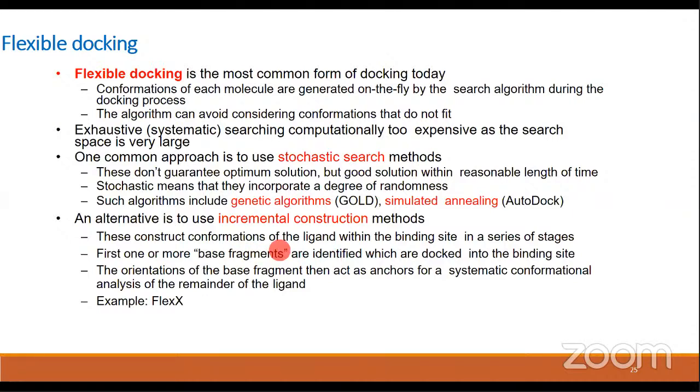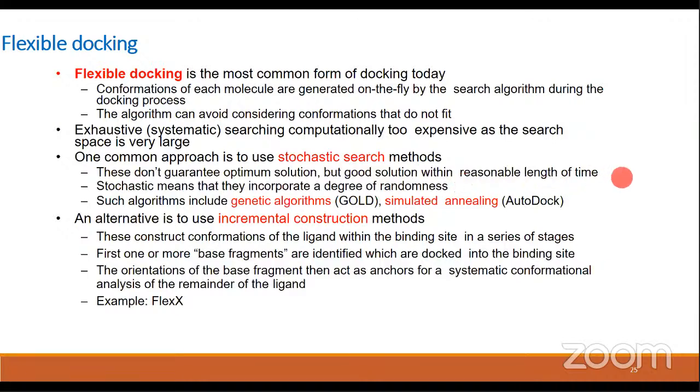One issue with the stochastic search is that there is no rationality in the conformation generated, so it won't give the optimal solution, but in a reasonable length of time. It generates some conformations and tries to identify the best one, so we reduce the time for docking.